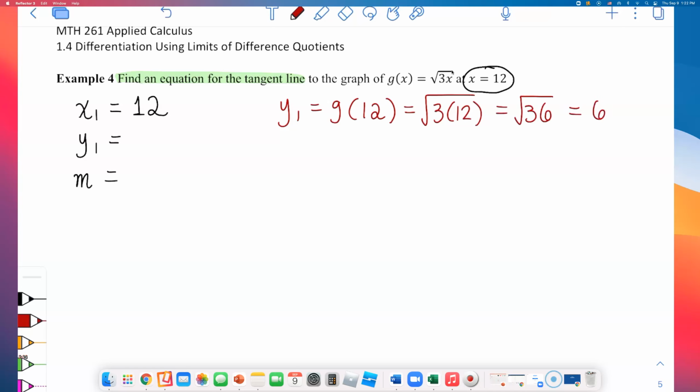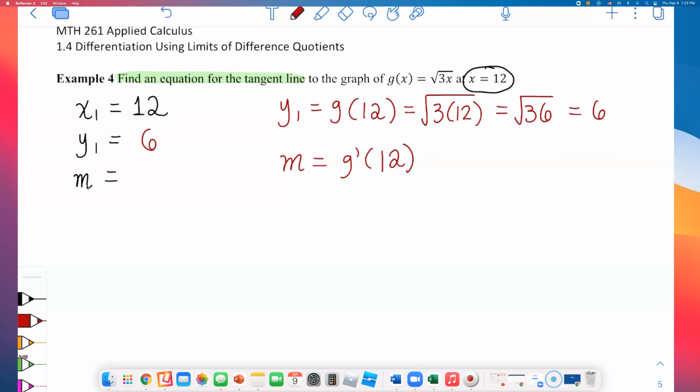So we get that the y value is 6. We need to find the slope. To find the slope, we need to find g prime of x. We need to find the derivative. So the goal is to find the derivative function and plug in 12 in there, okay?